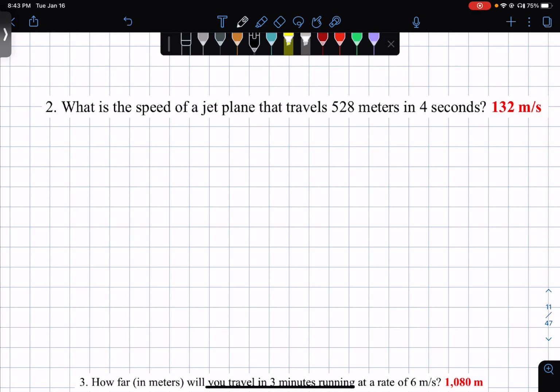What is the speed of a jet plane that travels 508 meters in 4 seconds? So we use the velocity formula, the same thing. Very easy. So 528 m, 4 seconds. You just have to be careful with the units, whatever is described here. If it's not in meters and seconds, and if your answer is supposed to be in meter per second, you're supposed to do unit conversion.